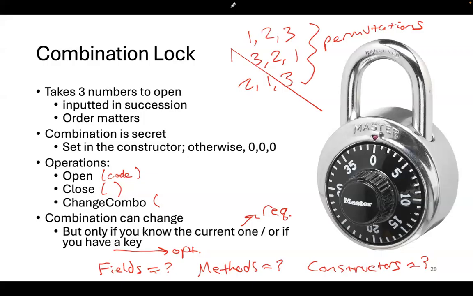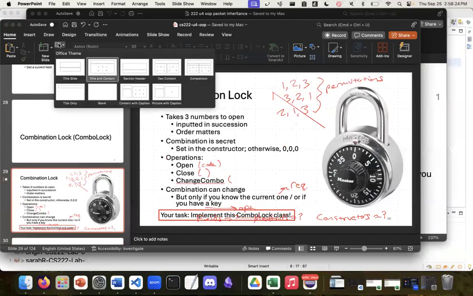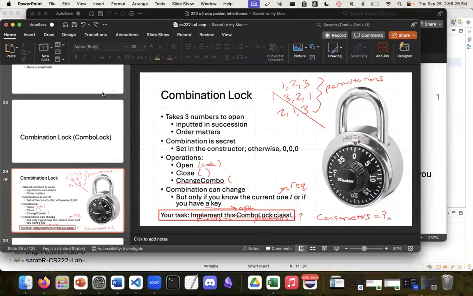One constructor is making a lock with its combo. You can define your fields, and then define the fields in the constructor, like a parameter for the combo.